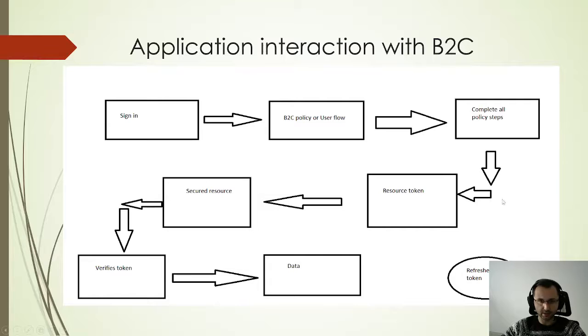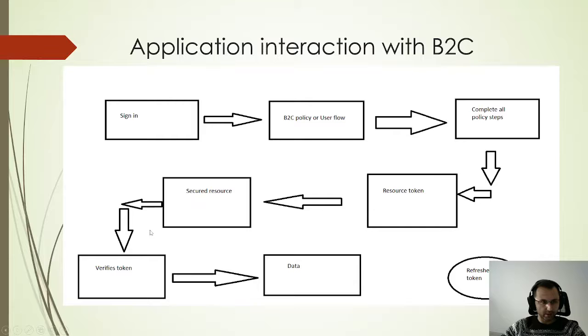And if it's done, the B2C tenant, basically Azure B2C, is going to return a resource token to our web application. That web application is going to securely store it somewhere and make a secure API call to our secure application.